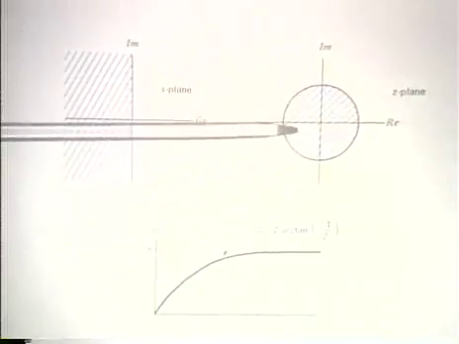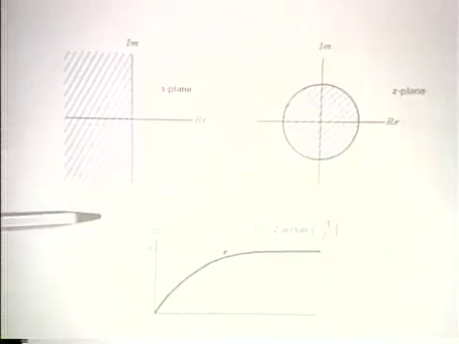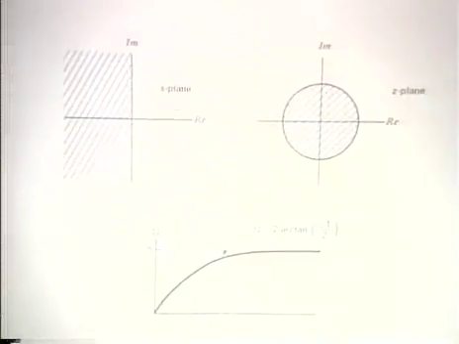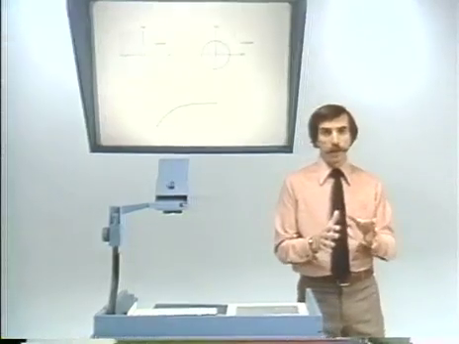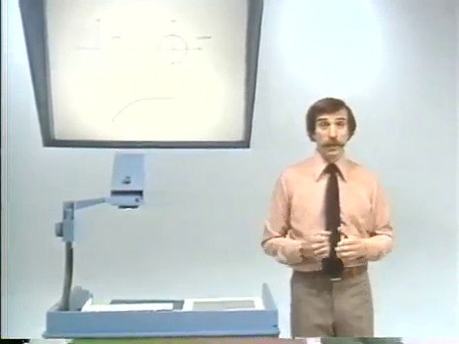And you can also convince yourself that the left half of the s-plane maps to the inside of the unit circle. And so that means that stable continuous time filters will always map to stable discrete time filters, which is exactly what we desire.